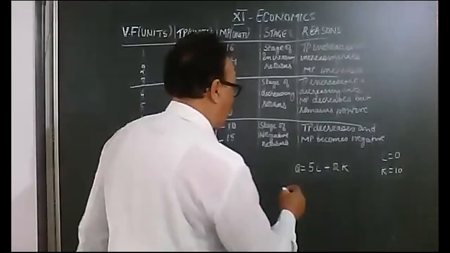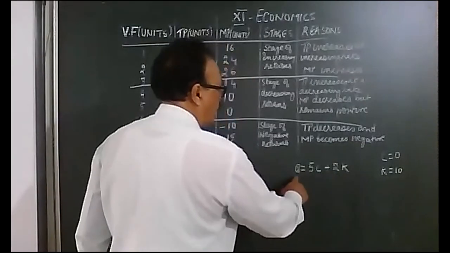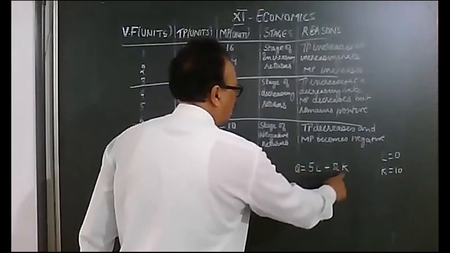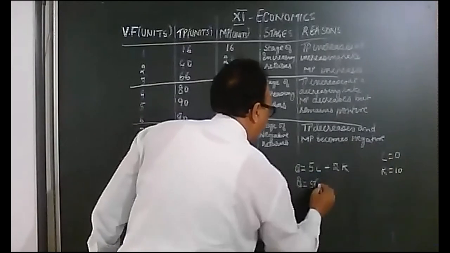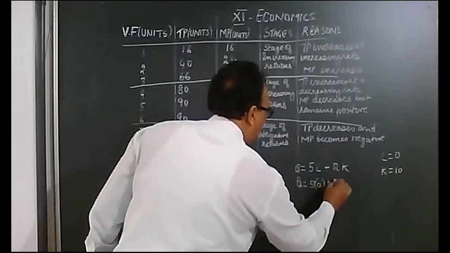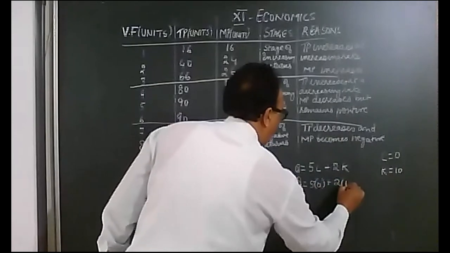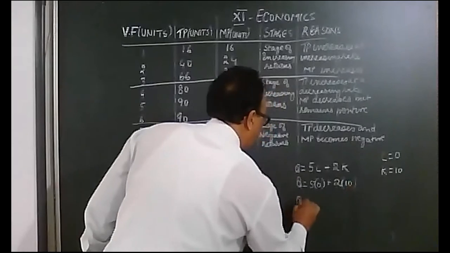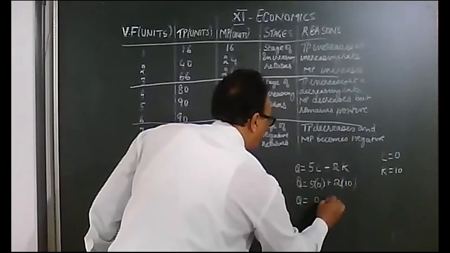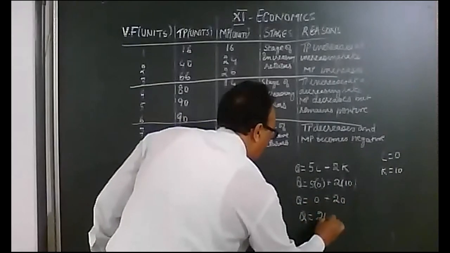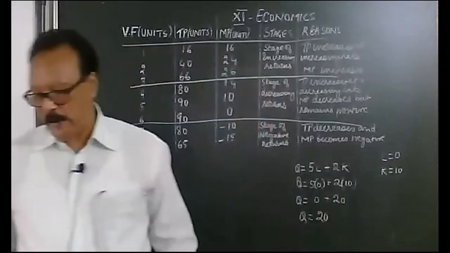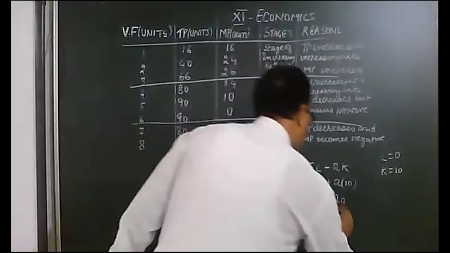Now look on the board. Substitute the values inside the equation. This is our production function. Q is equal to 5L plus 2K. Q is equal to 5 times L's value, 0, plus 2 times K's value, 10. So Q is equal to 0 plus 2 times 10, so Q will be equal to 20 units.